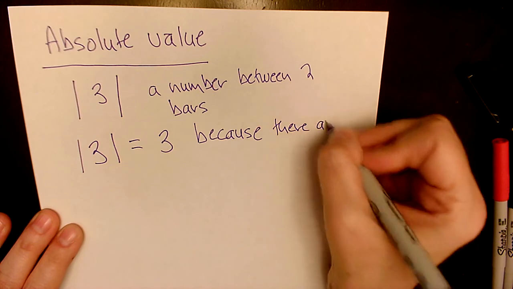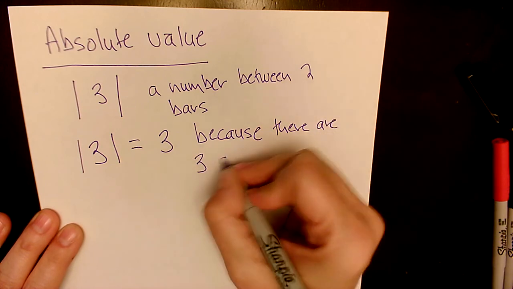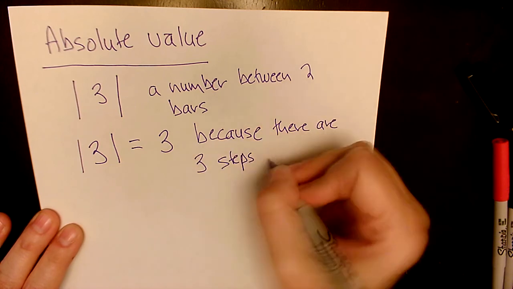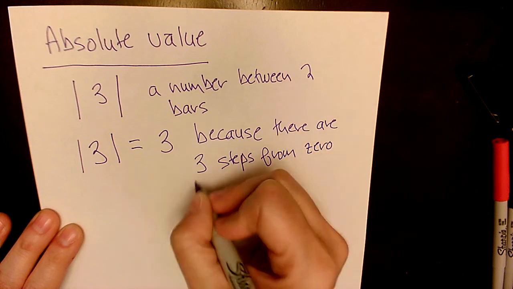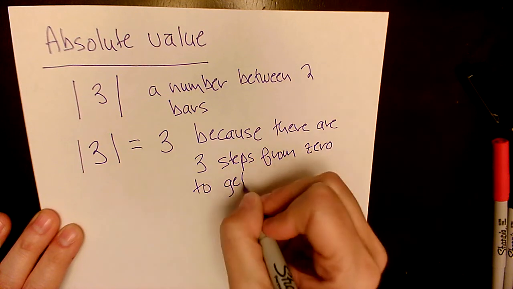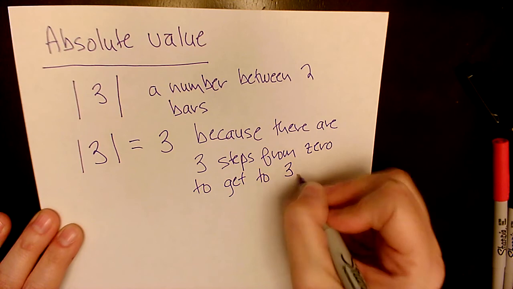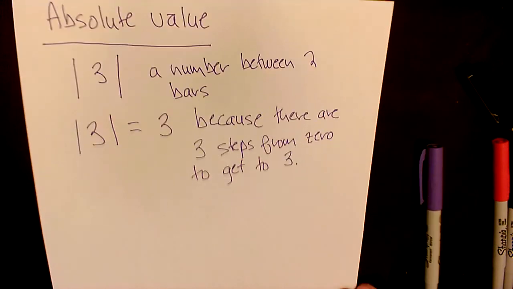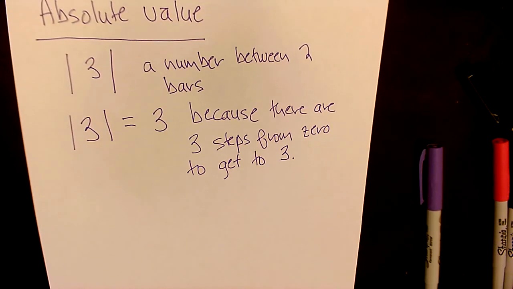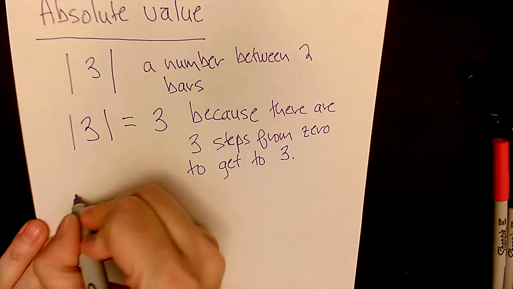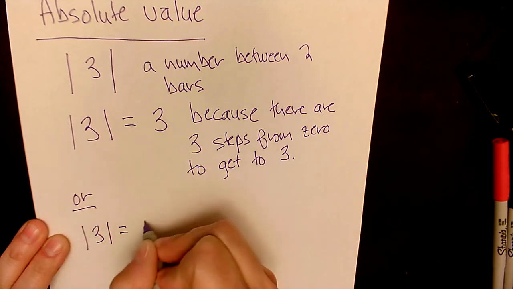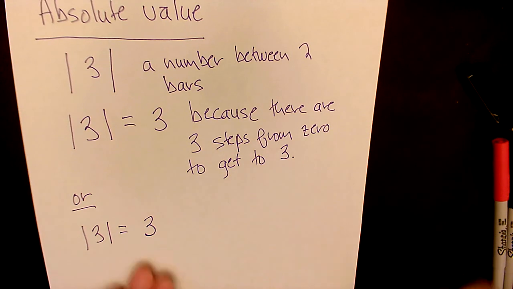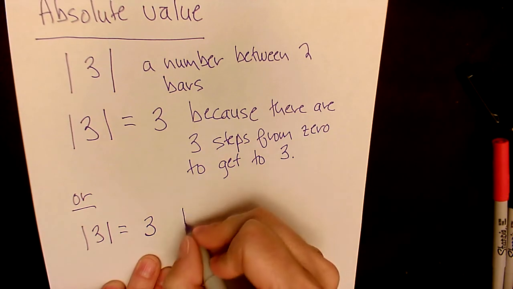Because there are 3 steps from 0 to get to 3. If you don't like that, I got another way. Or absolute value is 3.